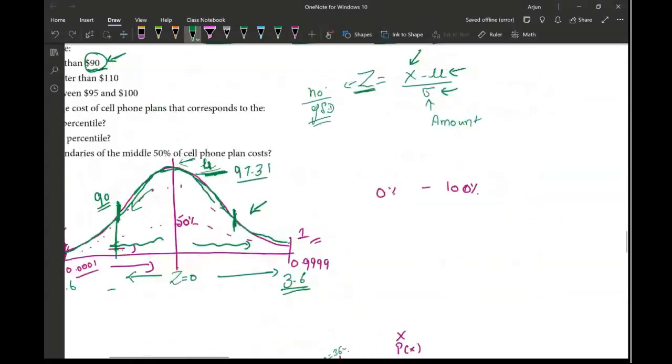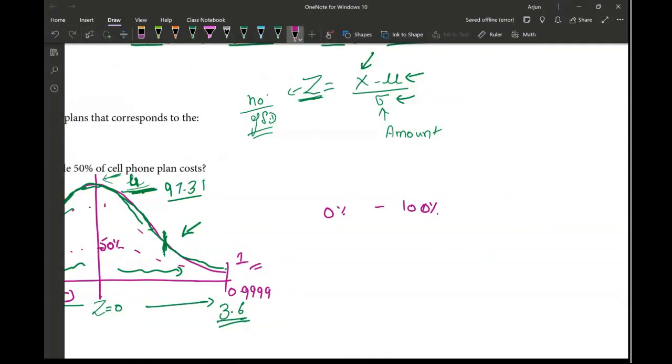I'm not sure whether I talked about this in the last video or not, so I'm going to talk about this again. This is basically the same formula which you've learned in chapter number 3. The formula was x upper limit equal to mean plus k times standard deviation. This is the formula we talked about.